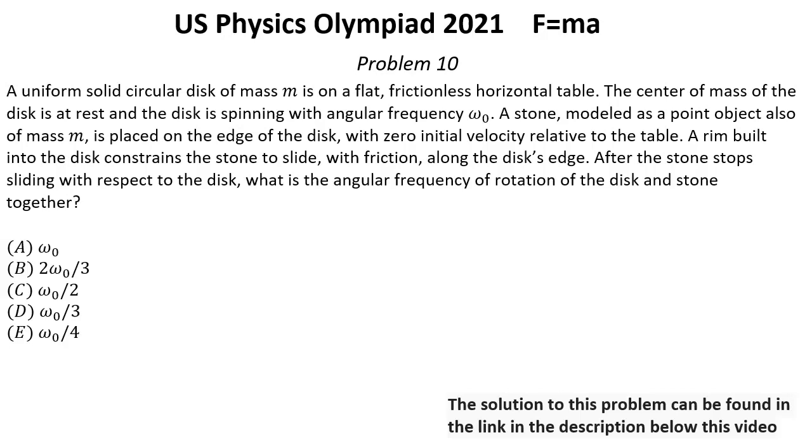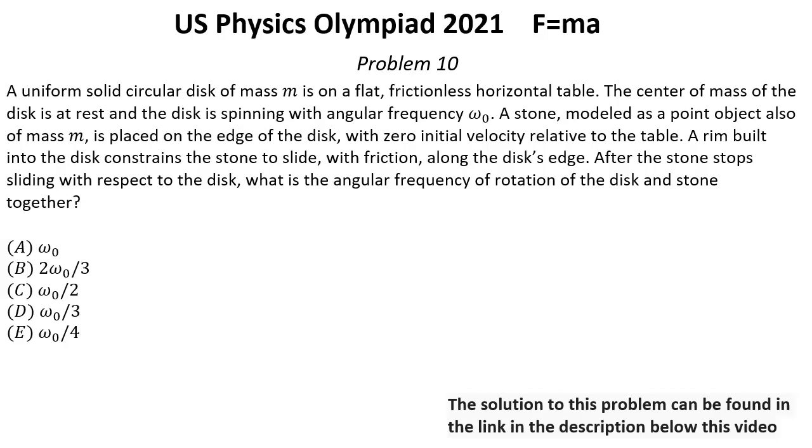A rim built into the disk constrains the stone to slide with friction along the disk's edge. After the stone stops sliding with respect to the disk, what is the angular frequency of rotation of the disk and the stone together? Solution for problem number 10.